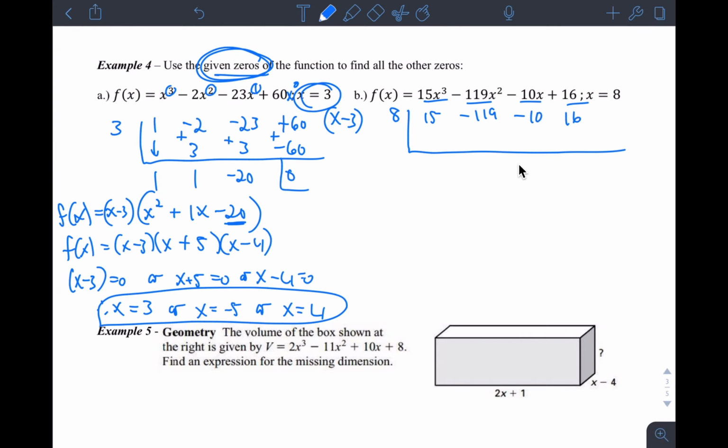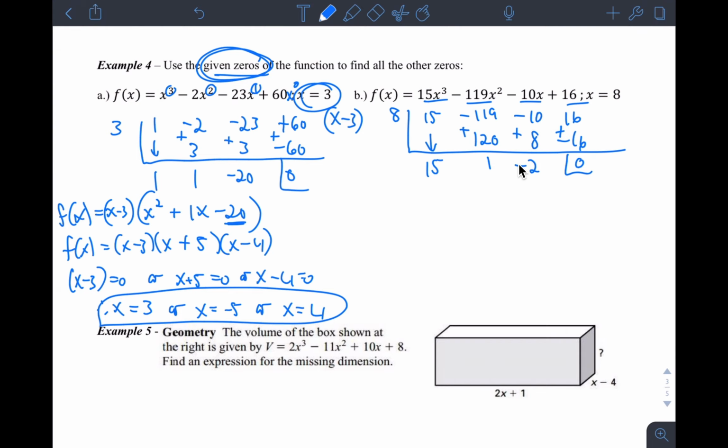Now again I bring down the 15. 8 times 15 is 120. Add these two down, that gives me 1. 8 times 1 is 8. Add these two down, that gives me negative 2. 8 times negative 2 is negative 16. Add them down, that gives me 0.